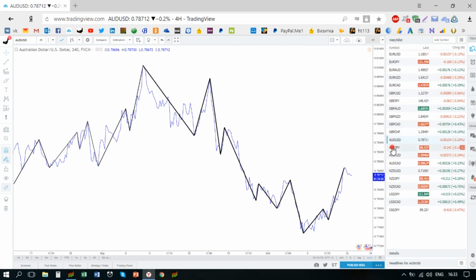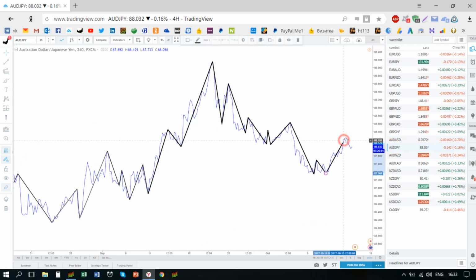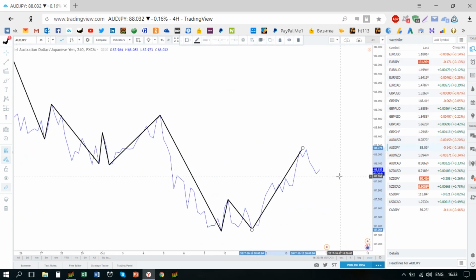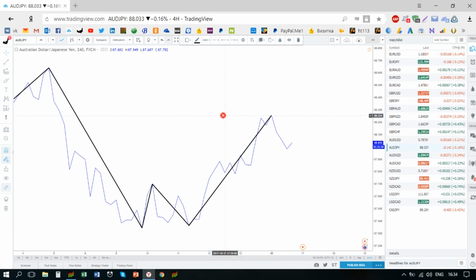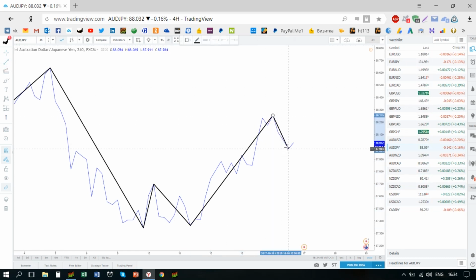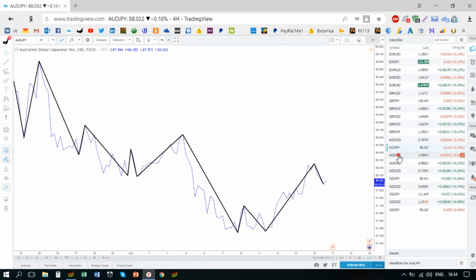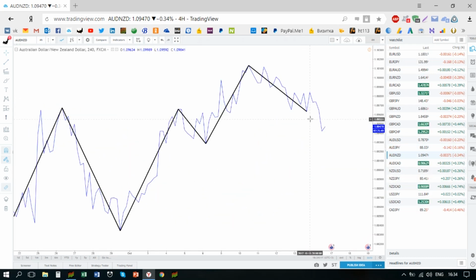But it is pretty far from completion. Aussie Yen going higher this way and then breaking that level to the downside. Perfect. Aussie New Zealand moves this way, and we can have a potential pattern.